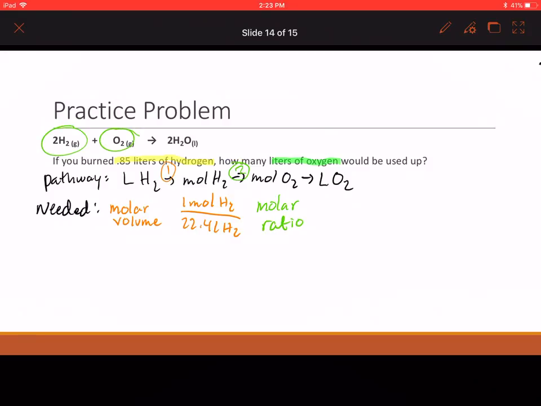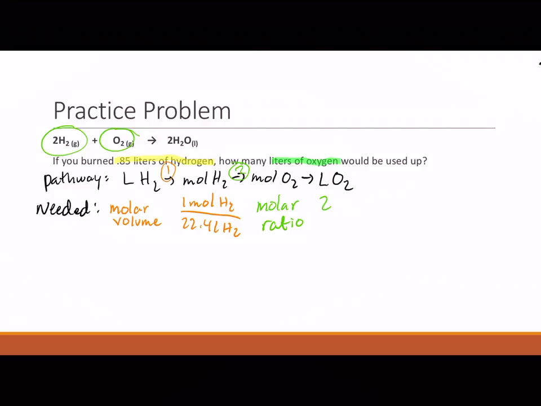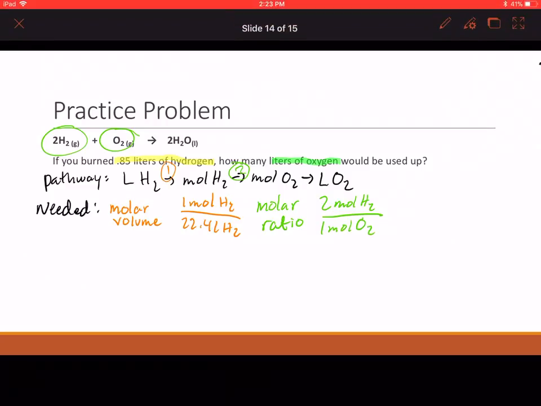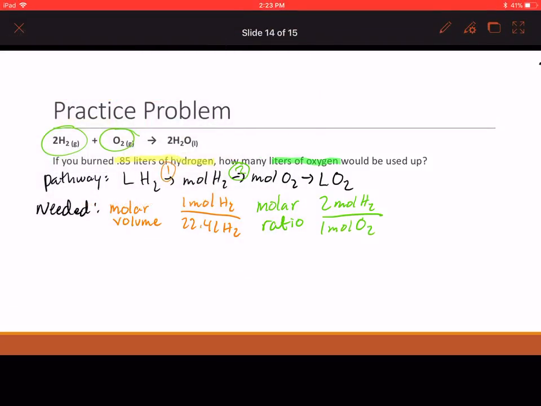We're looking at just these two here. So we have 2 moles of hydrogen for every 1 mole of oxygen. And then our last step here, going liters to moles again, we're using molar volume. So 1 mole of O2 for every 22.4 liters of O2. Now we can solve.